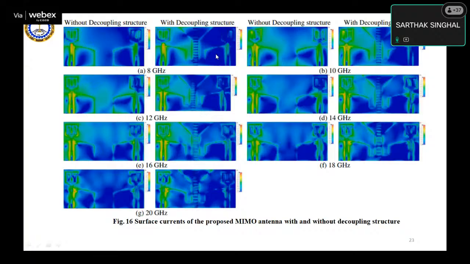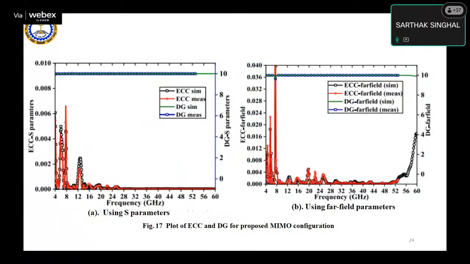So at all the frequencies, we can see that with the introduction of this decoupling element, the electromagnetic coupling between the two elements is reduced significantly. These are the ECC and DG from the S parameters and from the far field pattern.